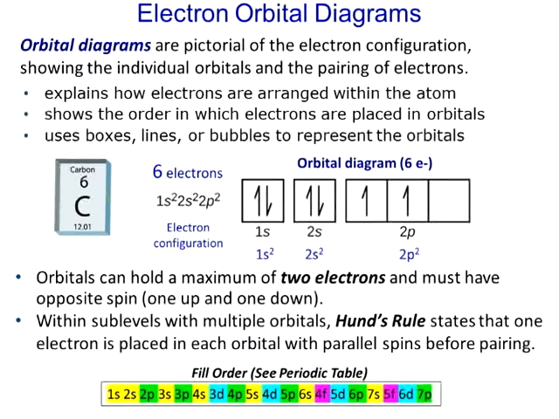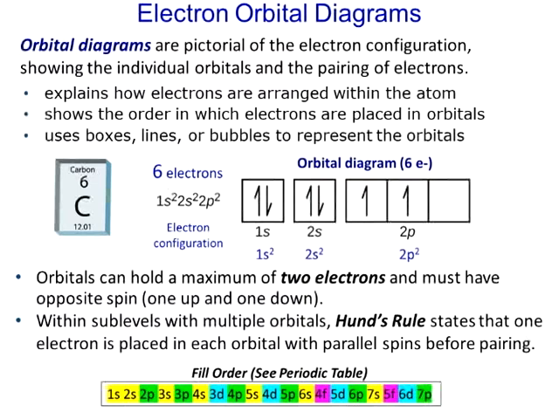So we must remember to do that. We must pair only after we've filled all the boxes. The Pauli exclusion principle helps us understand that, and Hund's rule helps us to deal with it. Okay? So there we have it, the orbital diagram for carbon.